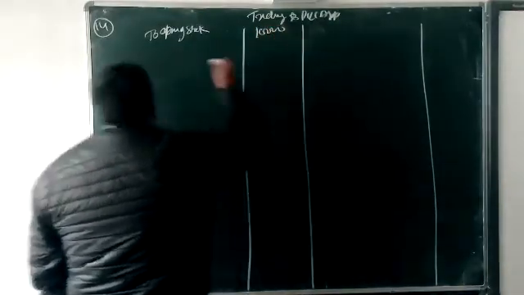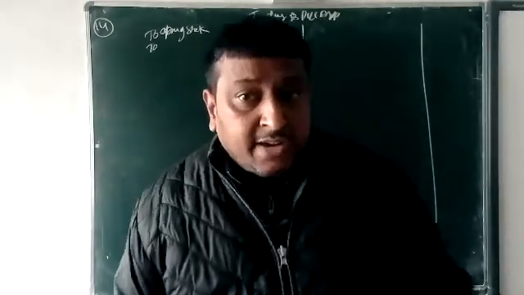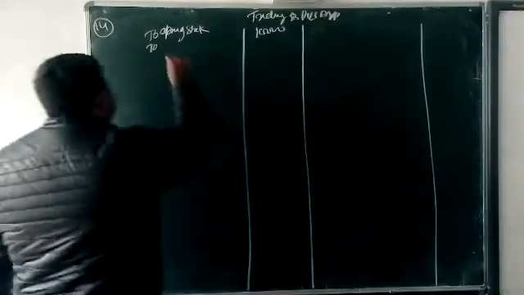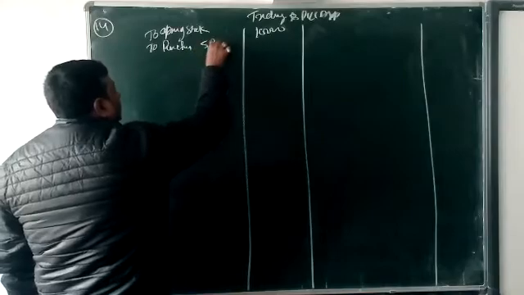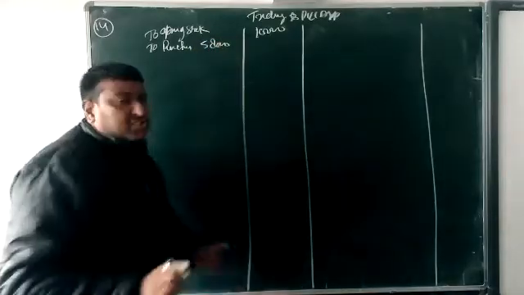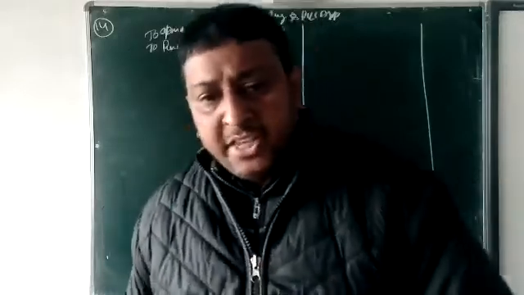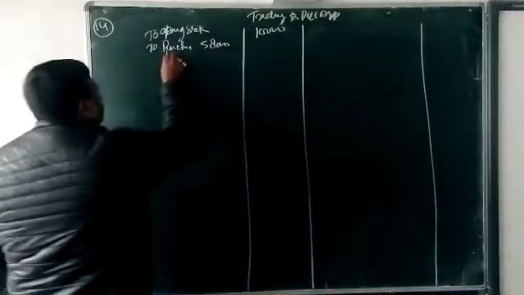Then go for the purchase. Just search the purchase on the debit side. Purchase is 58,000. Next, search the purchase return. That will be on the credit side. It is 2,600.